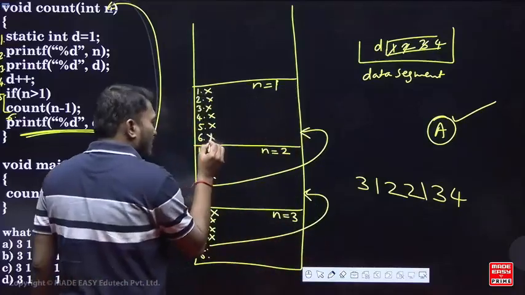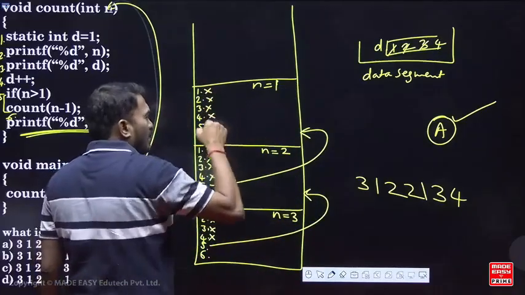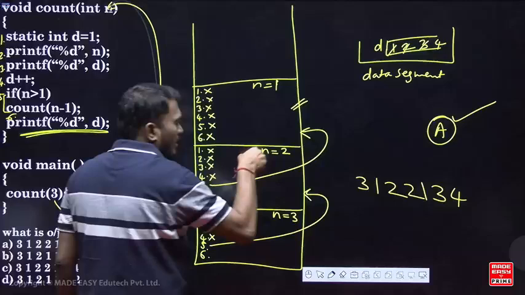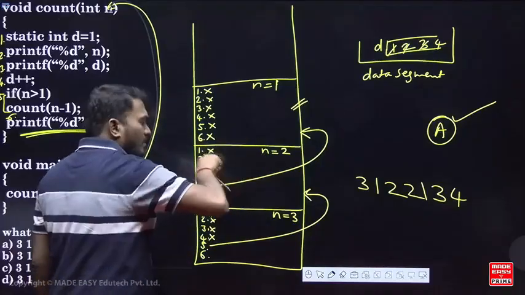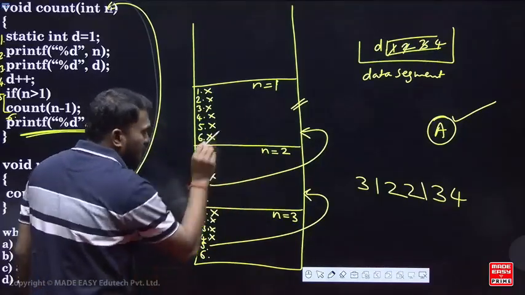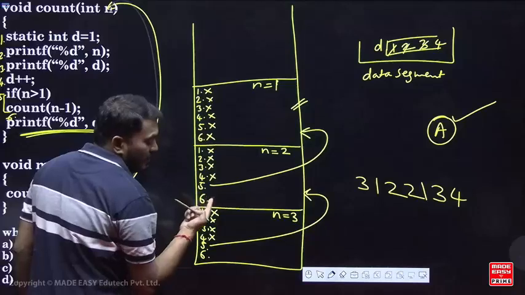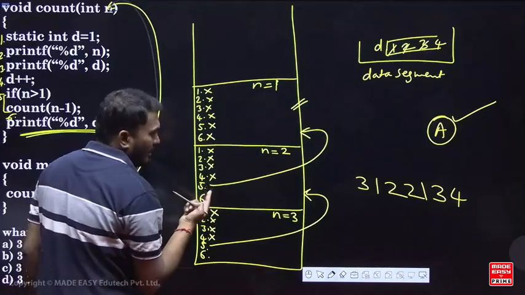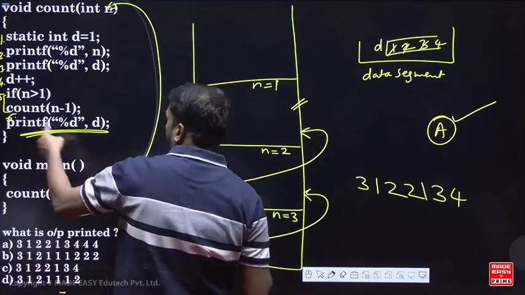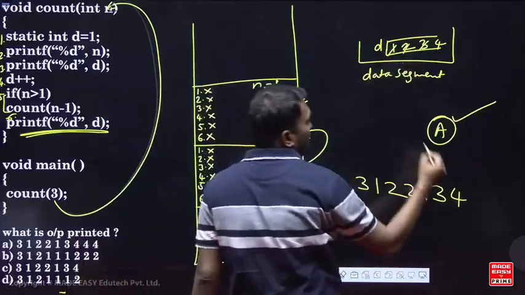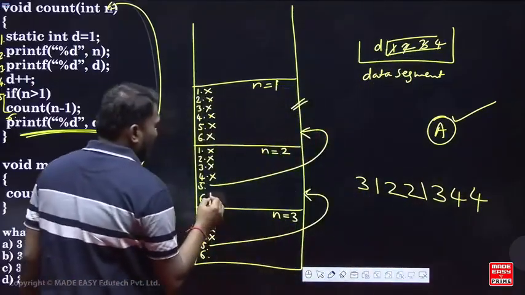Now look at here, all the 6 statements completed. So go back to the previous calling function or previous activation record. Once you come back, what is the statement pending here? Sixth statement pending. What is the sixth statement? printf %ld, what is the d value? 4 will be printed.